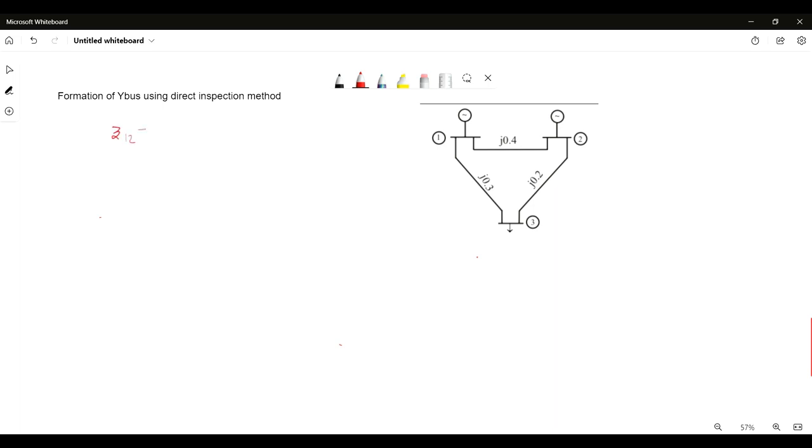One branch is between 1 and 2. The impedance value between bus 1 and 2 is j0.4. To make it into the admittance value, y12 is 1 by z12, so 1 by j0.4, which means minus j2.5.